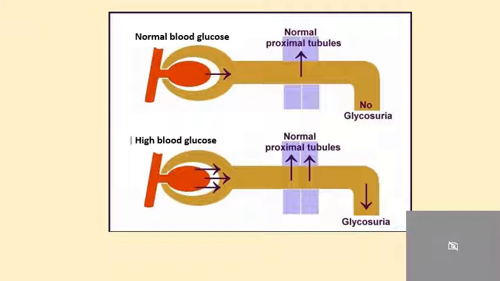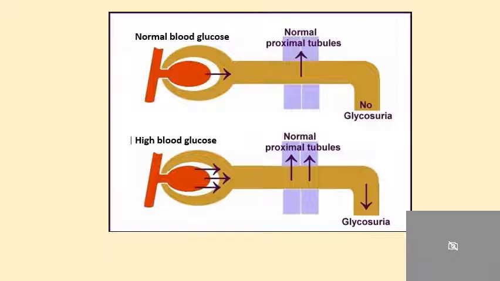In the panel up top here, when the person has a normal level of glucose in their blood, they have a normal level of glucose in their filtrate. Their proximal convoluted tubules are well equipped to reabsorb all of that glucose, and we don't see glucose in the urine. So there's no glucosuria. In the panel below, we see what happens when the person has a high level of glucose in the blood.